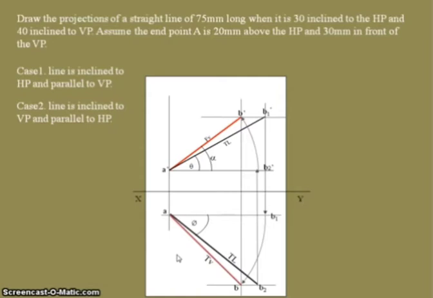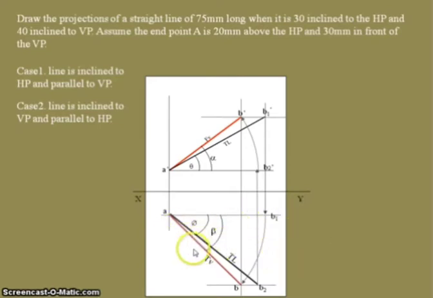So like this, by considering the two cases, we have to draw the final front view and final top view for a given straight line. Directly we cannot draw them. Here I want to represent one more element, the apparent angle, which we forgot to show.